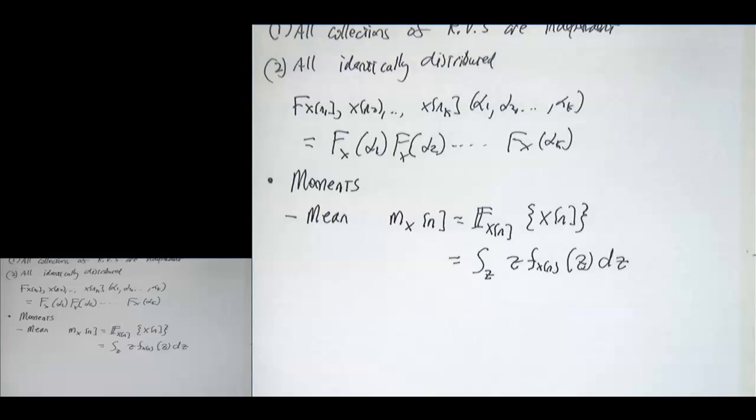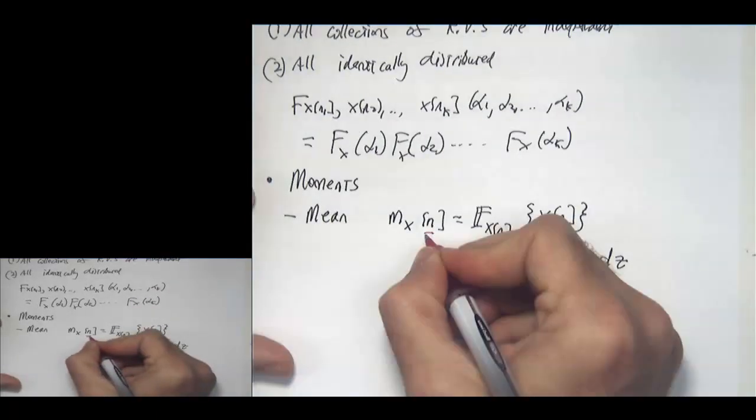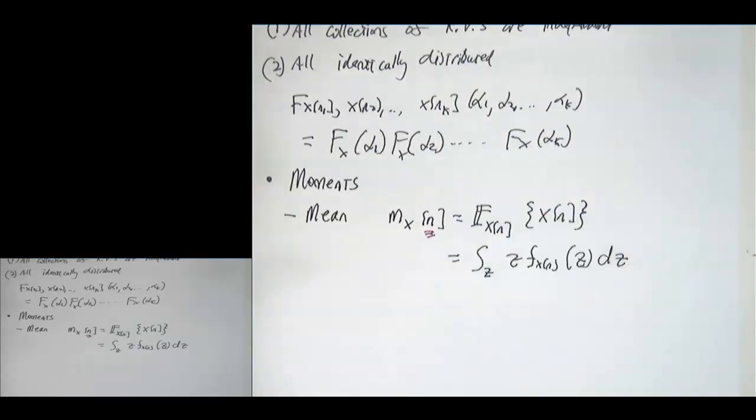With a stochastic process, the first order moment is a function of n. That's the main difference between this and a scalar: there's time in there. If I have a sequence of random variables over time, at every time I could compute the mean, and that's just this expectation. So that's the mean.